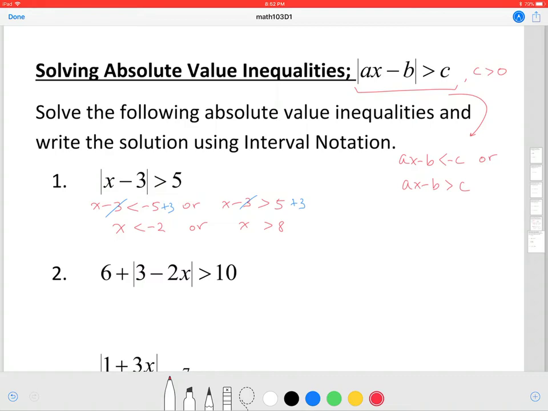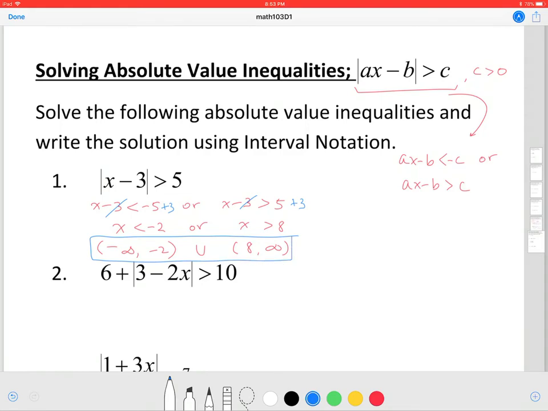We write this in interval notation: negative infinity to negative 2, parentheses, union with 8 comma positive infinity. So that's the solution written in interval notation.